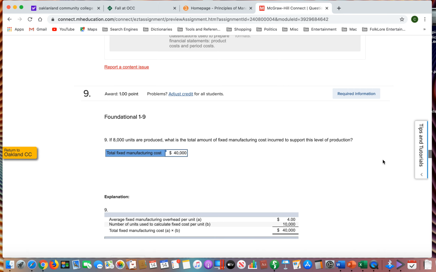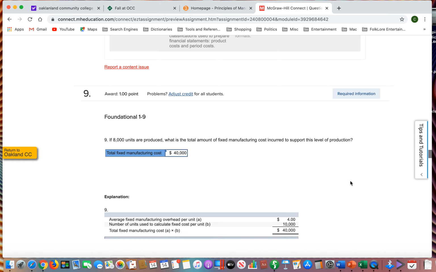I don't know why they do it this way. Even though it's within a relevant range. Total fixed. Well, the way they did it here, they simply said the fixed cost within that range. But see, I disagree with this.